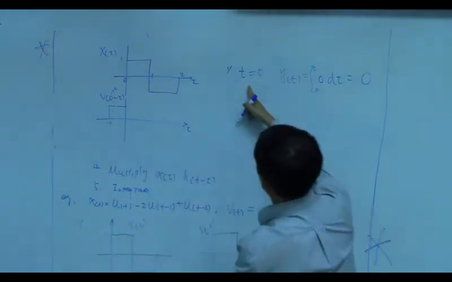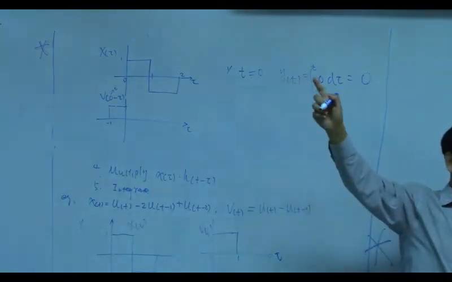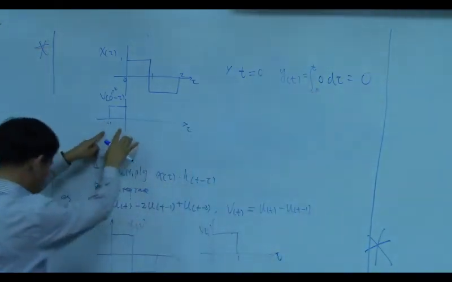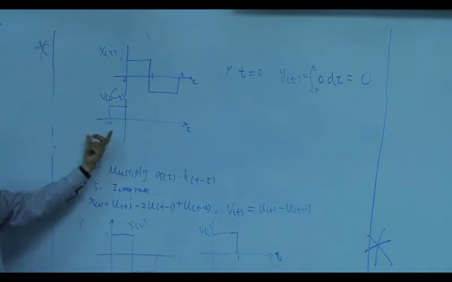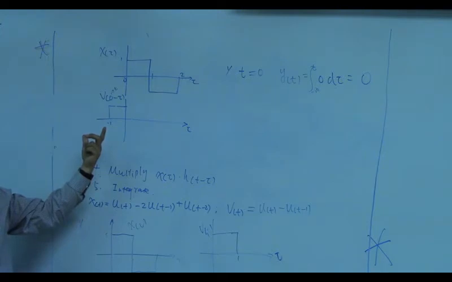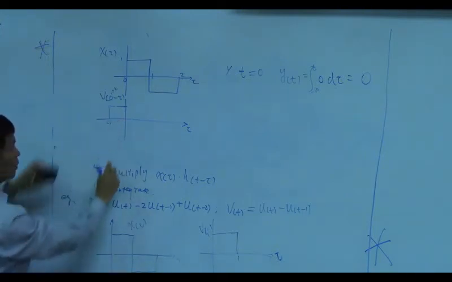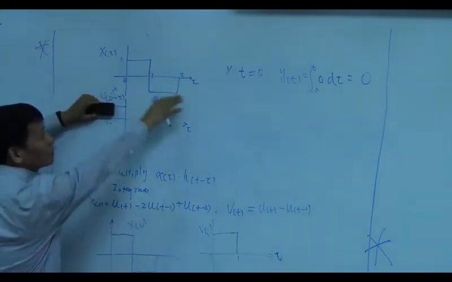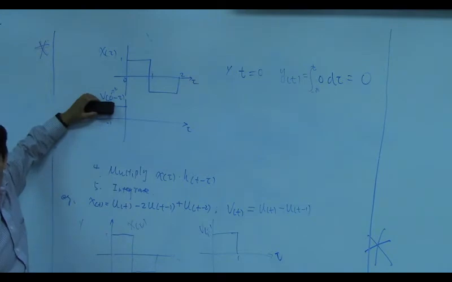Okay, now how about if t is less than 0? T less than 0 means this here is to the left, so this window is at here. Then you multiply this window with this one. What do you get? Same thing, 0.